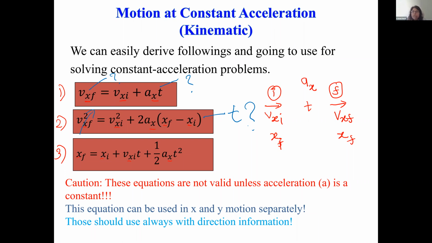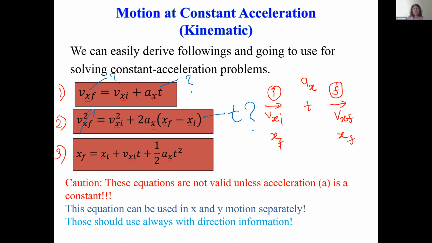So now let's go to the third equation. Do I have enough information to find the time? Yes. So that means the third equation is the best equation that you can use to solve this problem easily. There are many different methods to solve the problem, but finding the easy way is your practice.